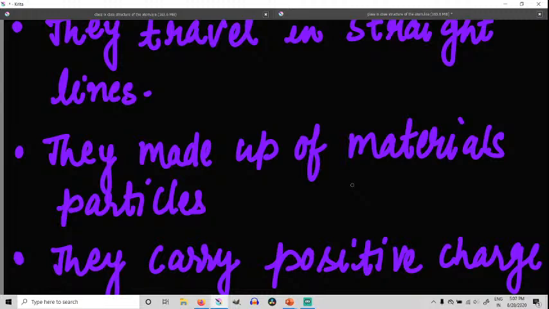It means they must be carrying positively charged particles. Obviously they are going to show the deflection towards the negative plate of the electrical field.